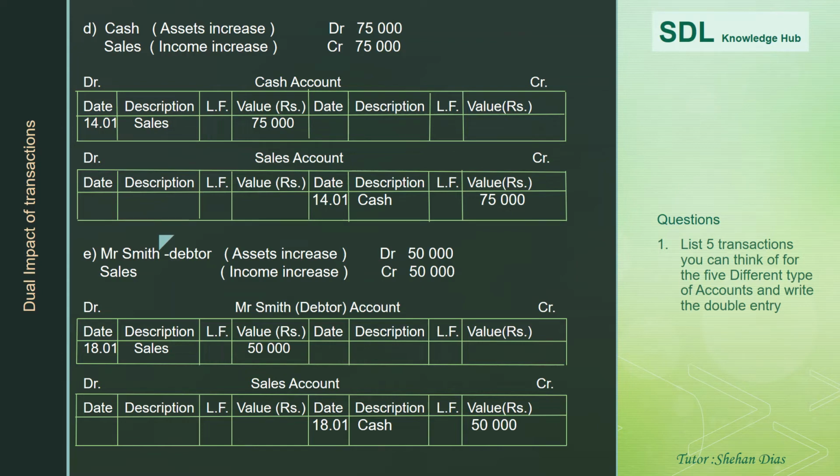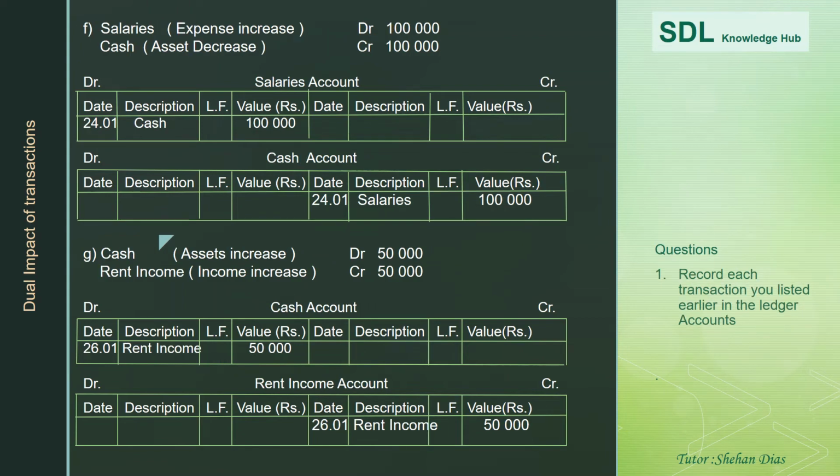The next transaction, sales made on credit to Smith for 50,000. Smith is a debtor who has bought things on credit basis. So debtors is an asset increase, so Smith's account, therefore, debit for 50,000. And sales increase, credit for 50,000.